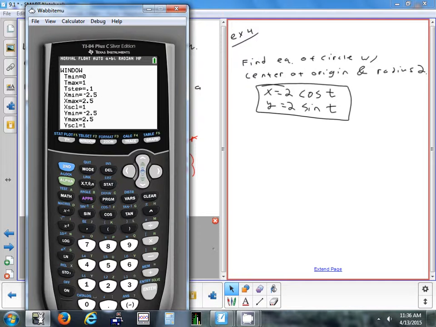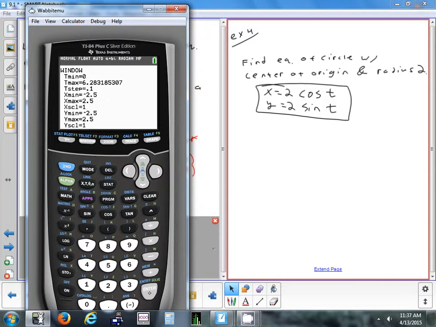We could switch to degrees, but yeah, 2 pi. If you go any less than 2 pi, you're not going to get a full circle. 2 pi is about 6.28. So if I hit enter right now, I only get part of a circle. If I want to get the whole thing, set your parameter to go from 0 to 2 pi.